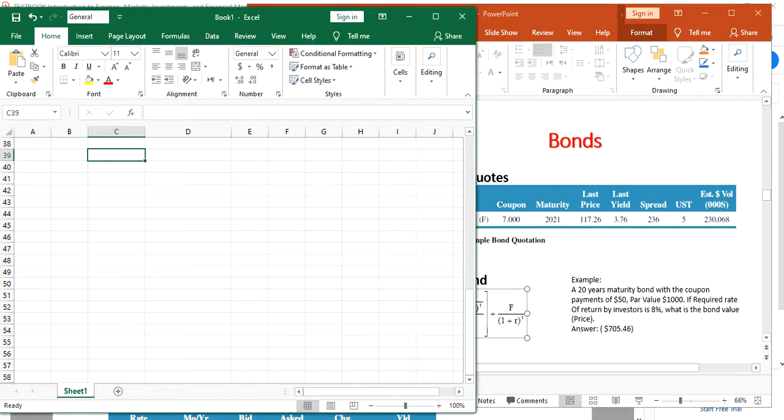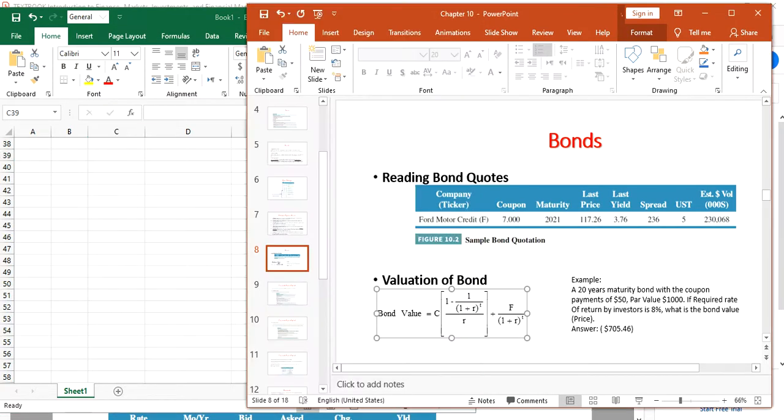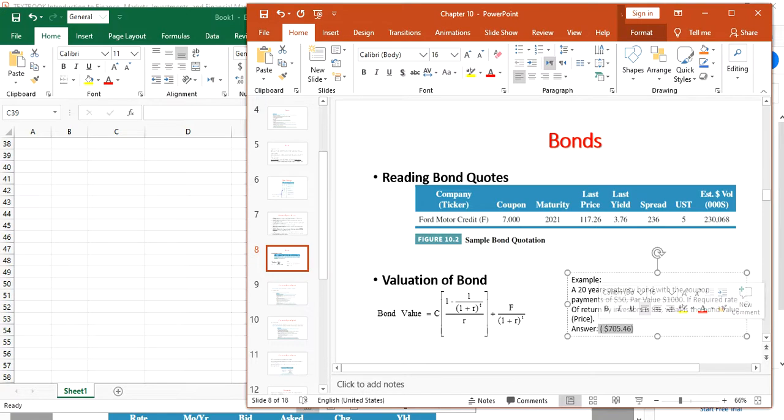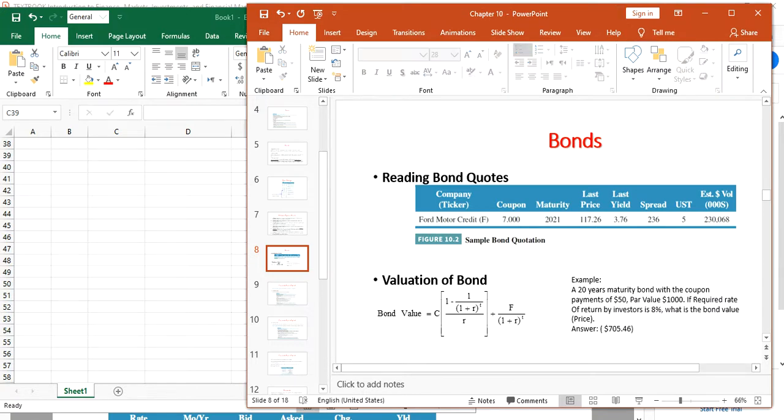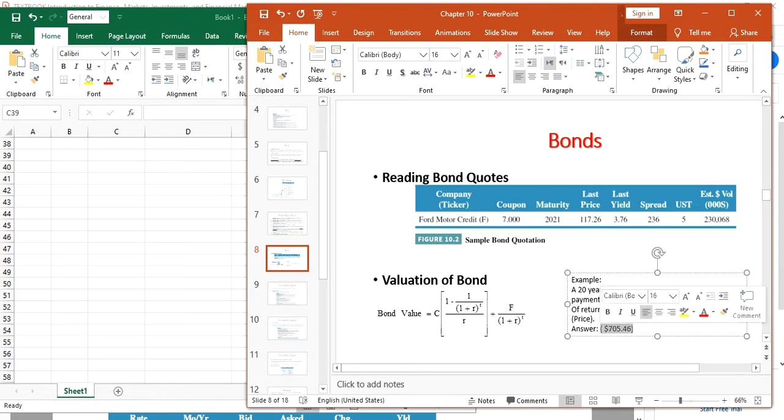Let me go over this example, and by the way, the answer is this. So you should practice at home and reach this answer. If you do not, it means you have a problem. Check your calculations and learn how to use your calculator for these types of powers of t or whatever.